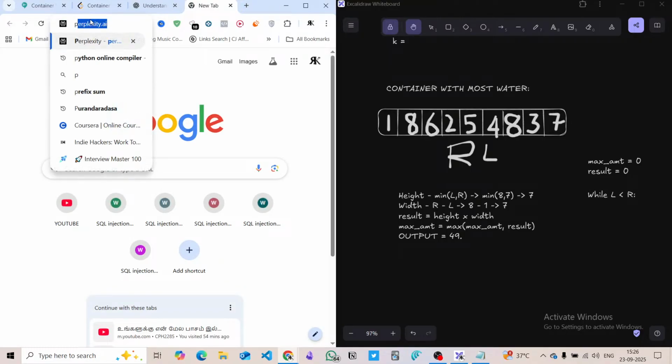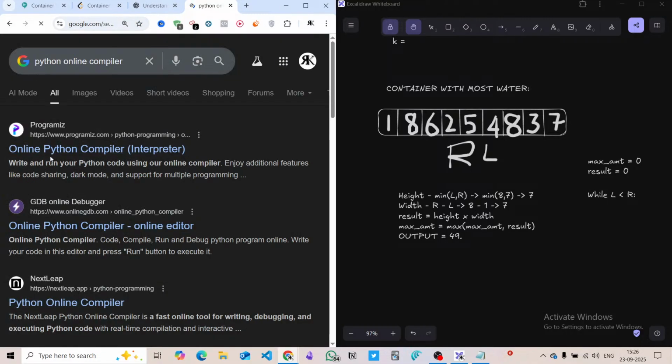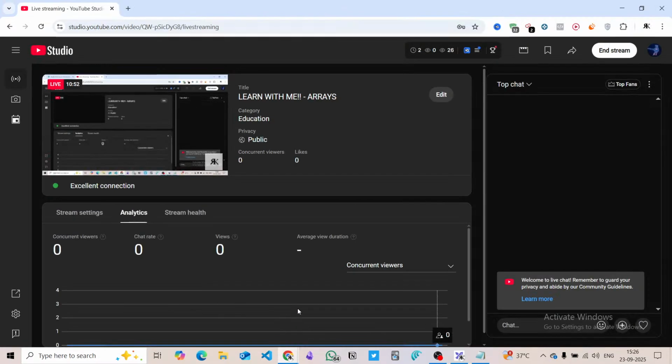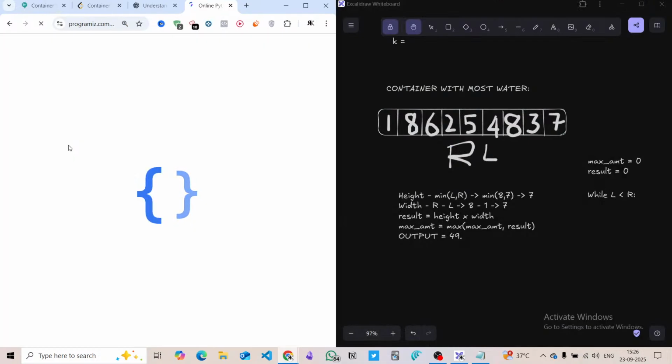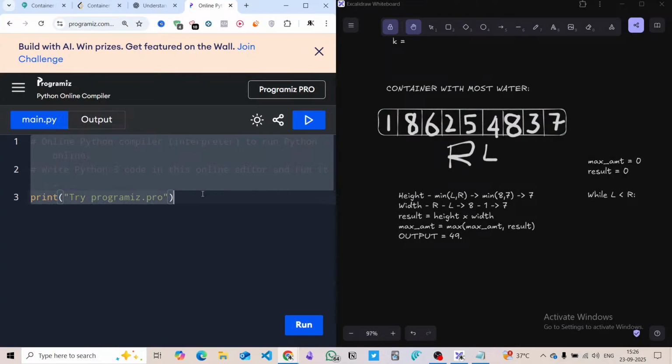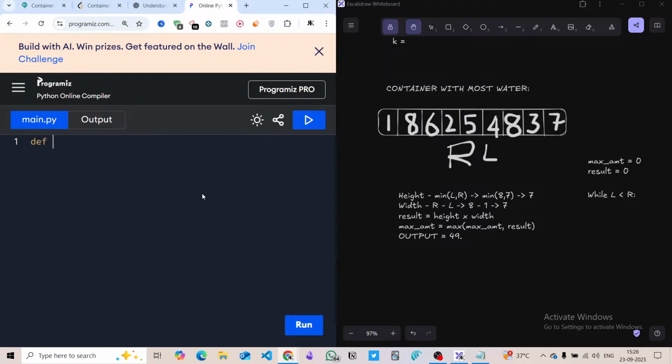So just open up a Python compiler. Okay. Just use 0 as the length of the array, this one.